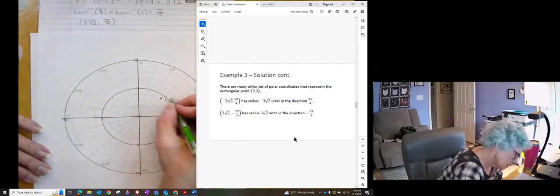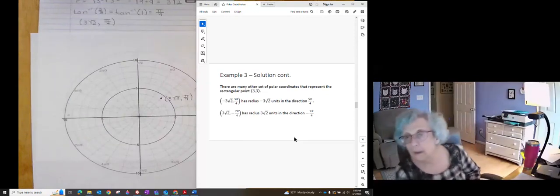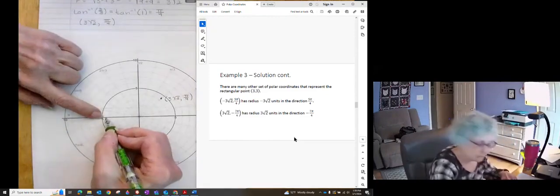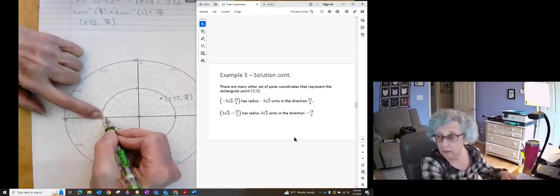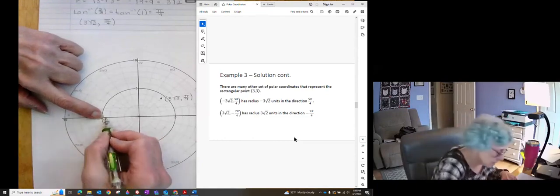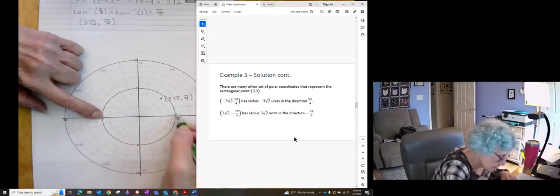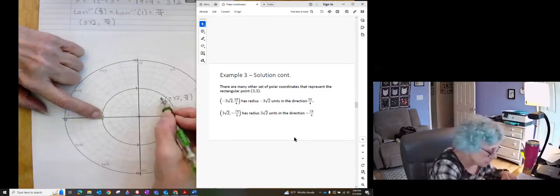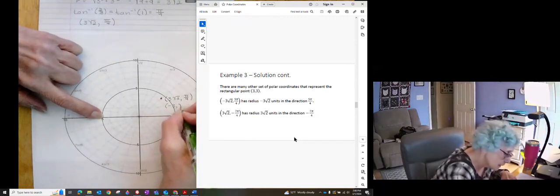So right here is (3 square root of 2, pi over 4). Now if I move negative 3 square root of 2, so right over here, and then went 5 pi over 4 units in the positive direction, well, here's 4 pi over 4 units in the positive direction. 5 pi over 4 units brings me to exactly the same place.